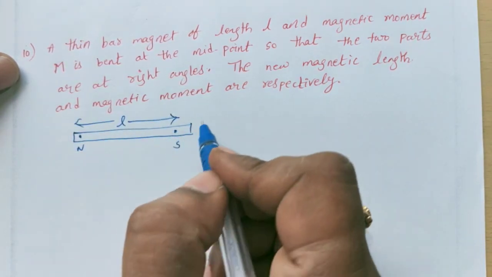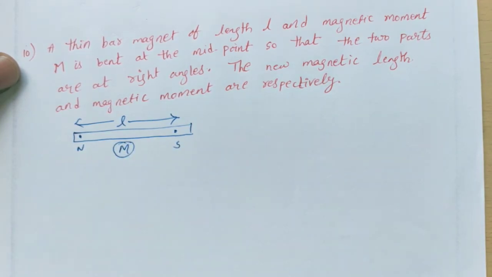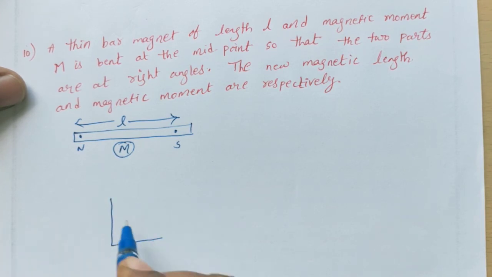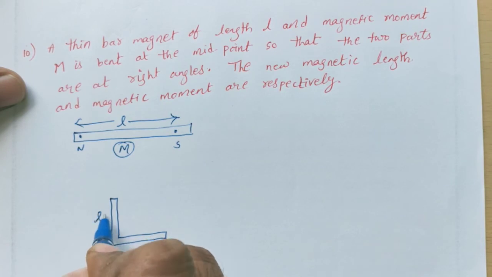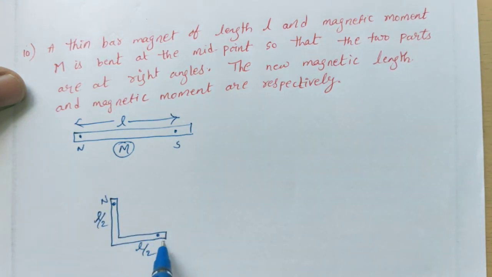And the magnetic moment for this magnet is M. It is bent at the midpoint so that the two parts are at right angles. Let me take this entire magnet bent like this. Here the length becomes L by 2, this is L by 2. Here is the north pole, here the south pole, and here 90 degrees.